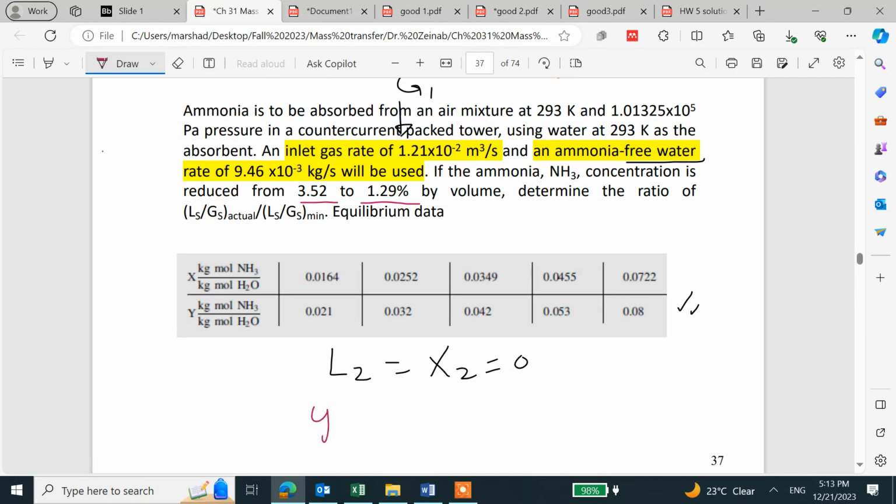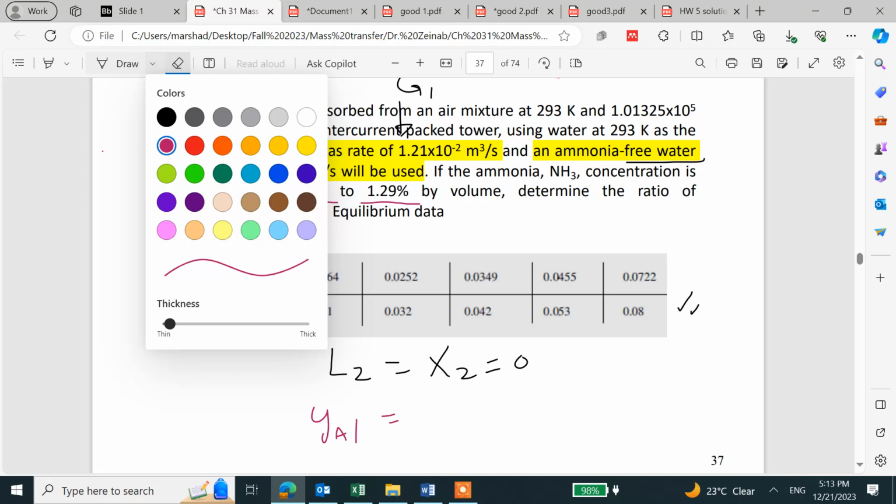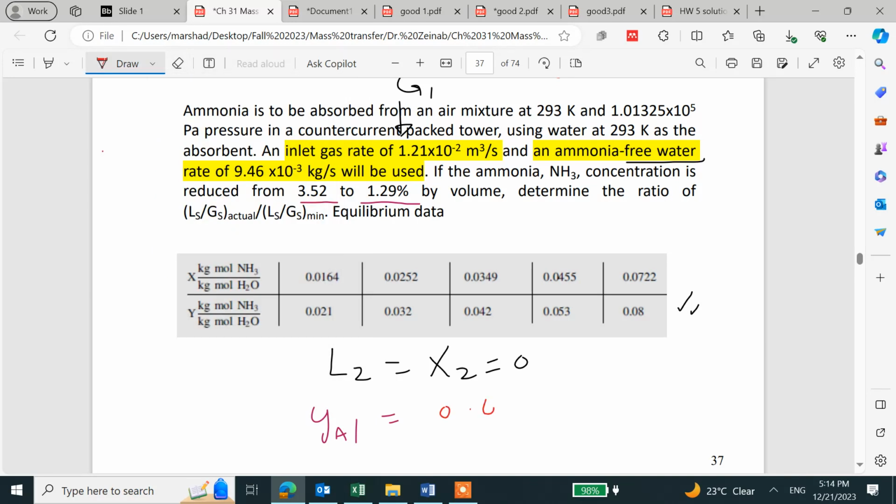We have small YA1, which is 0.0352, and YA2 is 0.0129, right?